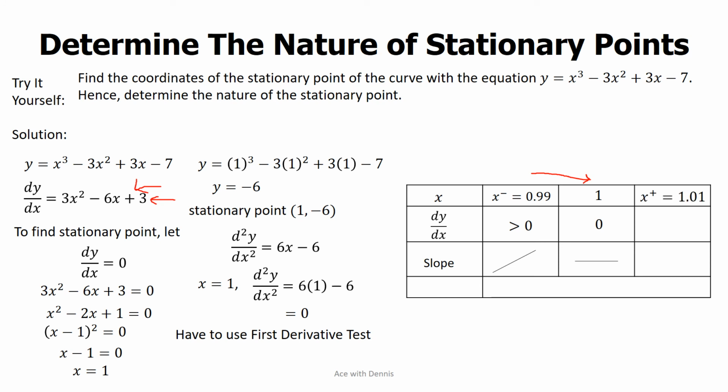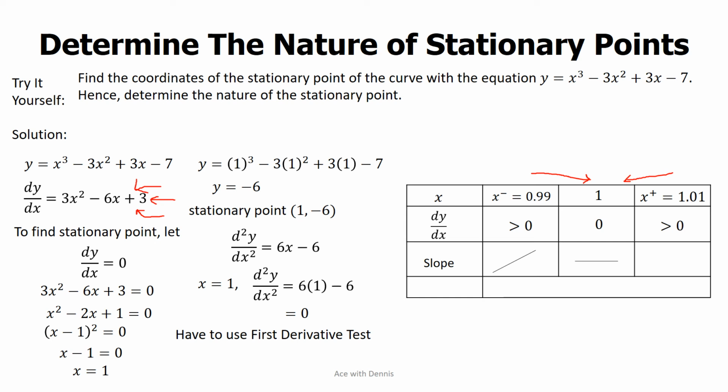So next, we choose another value which is close to 1 but slightly bigger than 1. So let's choose x plus as 1.01. Then we substitute x equals 1.01 into dy over dx. So this equation again. Okay, we don't have to find the actual value. We just need to see the sign.